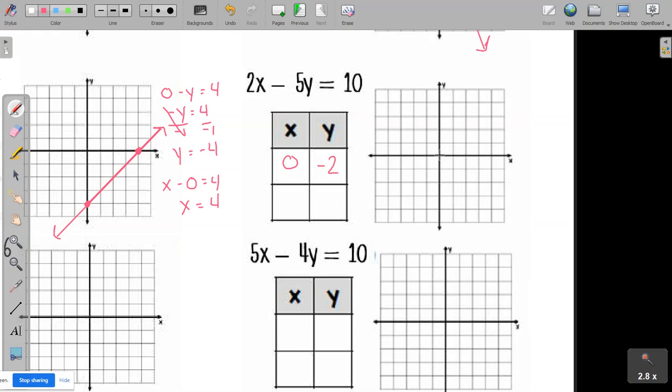So we have x is 0, go down to negative 2. Substitute 0 in for y, and you get 5. Graph the point. Connect your line.